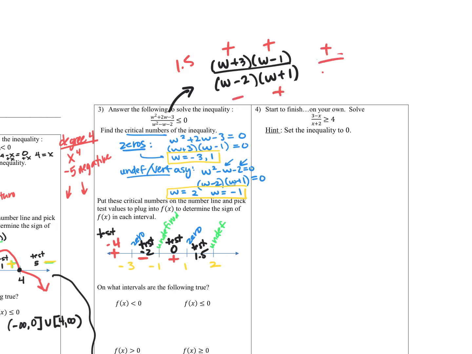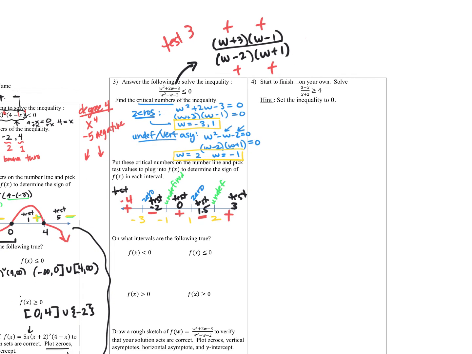So we'll get a positive over negative, which is negative. And then lastly, if you want to test a number like 3, testing 3, we're going to have a positive, positive, positive, positive. Everything's positive, so we get positive.